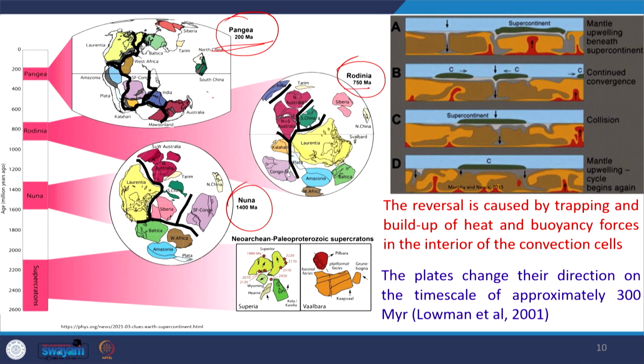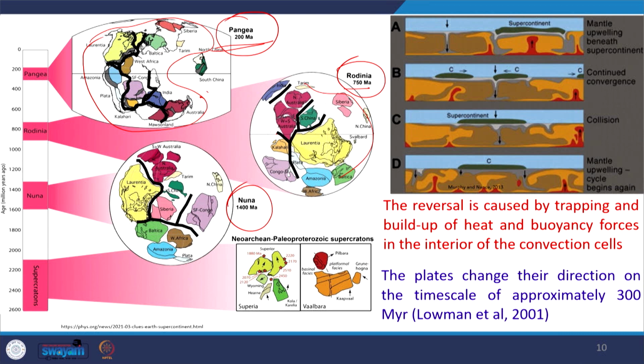It may or may not be possible that all the amalgamation that occurred at that time remains today. So, there will be new amalgamation, new breakup, and a new supercontinent forming, taking different continents together.